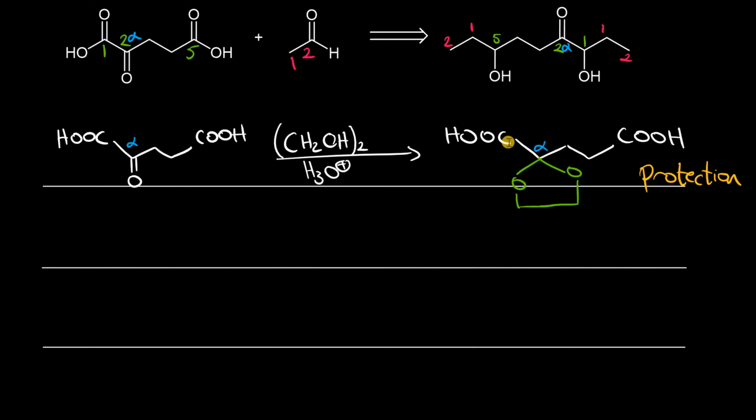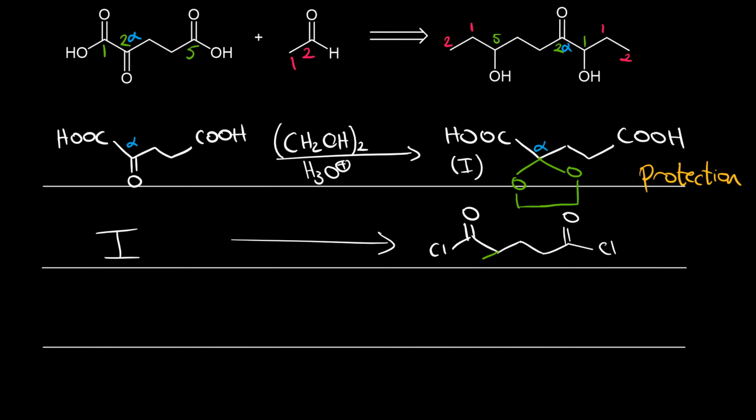So our modified alpha-KG, let's call it compound 1, and what we do with it is convert it into an acyl chloride. To carry out this conversion, we need thionyl chloride.